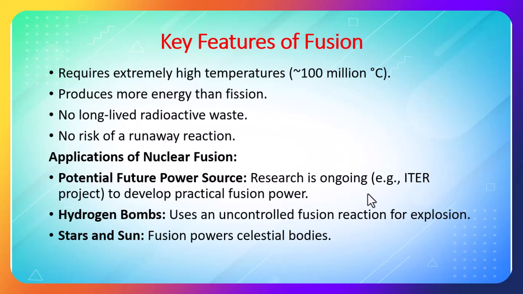The application of nuclear fusion is as a potential future power source. Research is going on, so till now we are not using this process for generation of power. Hydrogen bombs use uncontrolled fusion reaction for explosion, and it is there in stars and the sun. We are able to get light and energy from our sun by the process of fusion.